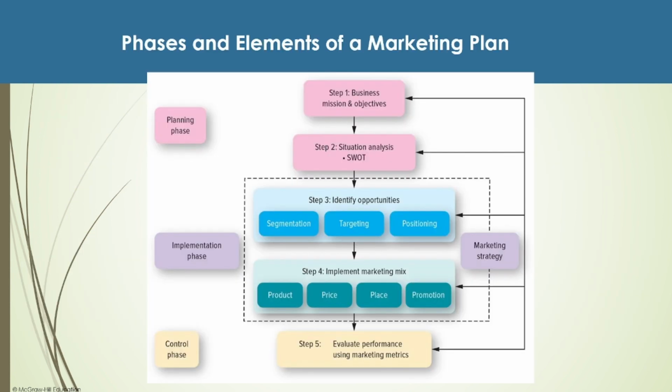Our group activities are structured according to the marketing plan that we learned in chapter 2. You've already found the business mission statement of the focal company that you chose. In the next several group activities, we're going to first identify the 2 most important SBUs of the company, and then conduct SWOT analysis.